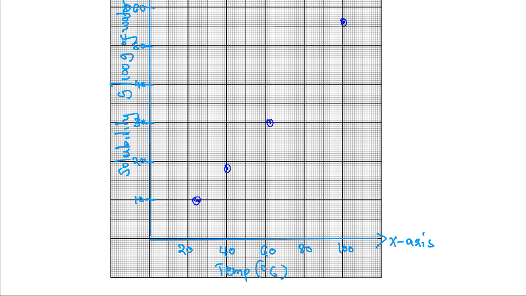Let's try to join these points to have our solubility curve, then use it to answer the questions that follow.